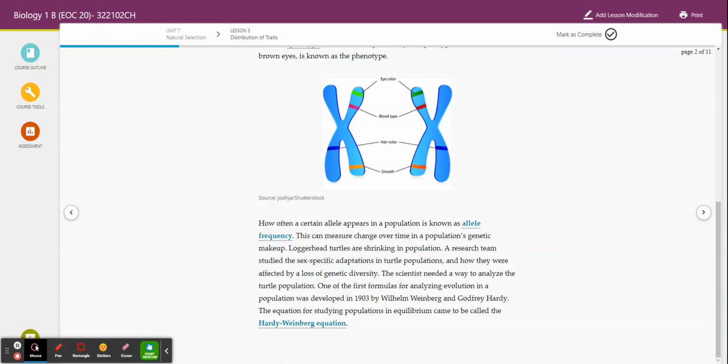One of the first formulas for analyzing evolution in a population was developed in 1903 by Wilhelm Weinberg and Godfrey Hardy. The equation for studying populations in equilibrium came to be called the Hardy-Weinberg equation.